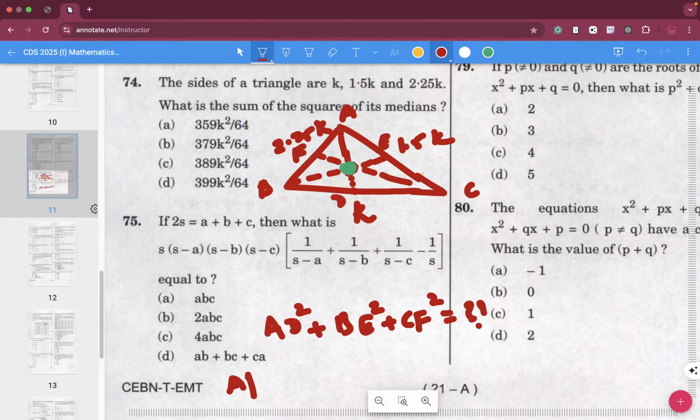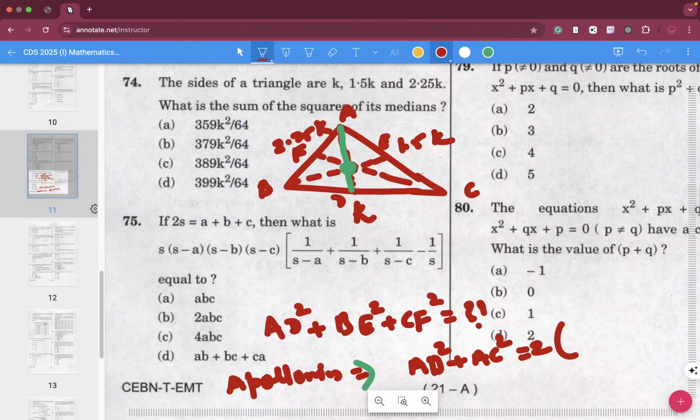Apollonius theorem says that if AD is the median, then the sum of the flanking sides, AB square plus AC square, is equal to 2 times BD square plus 2 times median square.